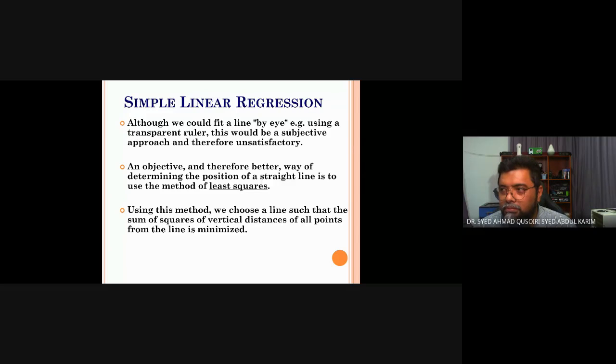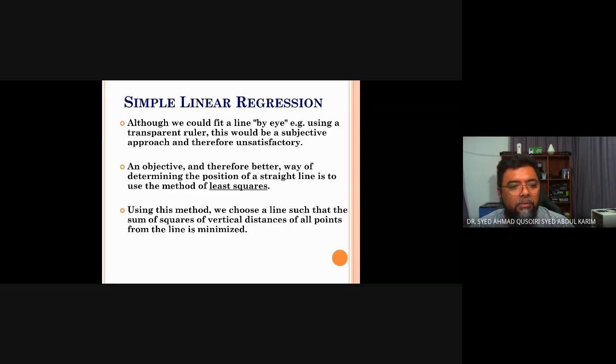Putting the line of best fit on the scatter plot usually depends on the researcher, where he or she wants to put that line within reasonable tolerance.